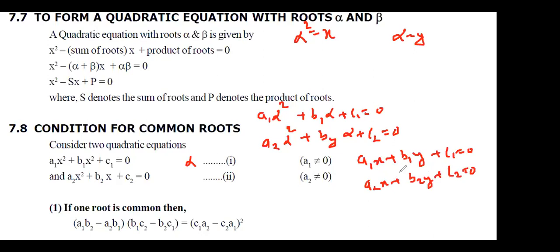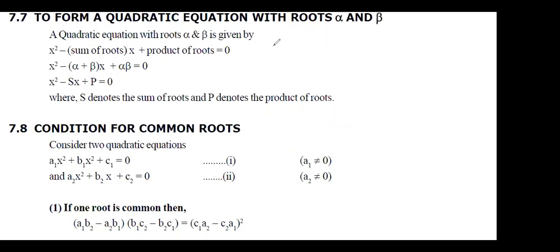Now, how can we solve this? We have a method called cross multiplication. I hope all of you remember the method called cross multiplication. I'll write it like this: x divided by... Do you know this shortcut method of cross multiplication? You start with b1, b2, c1, c2, a1, a2.